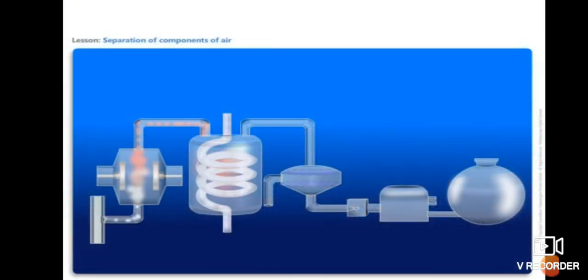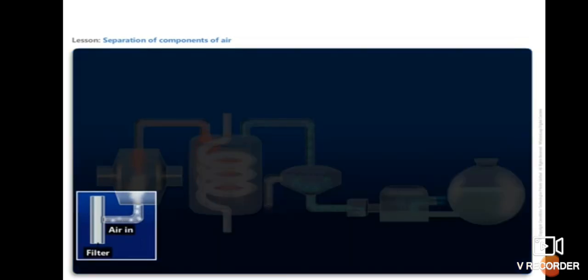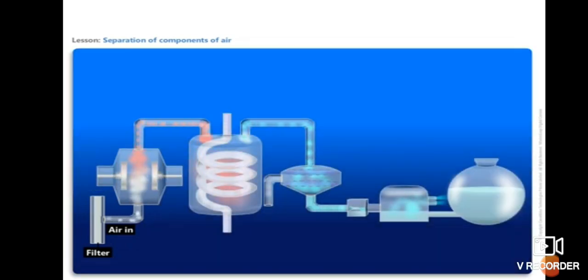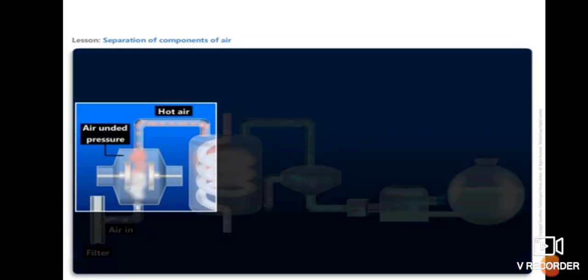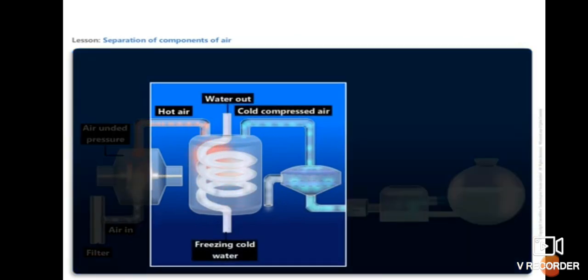Components in air. Air is a mixture of several gases, and these can be separated by fractional distillation. This is brought about by compressing and cooling of air and allowing it to slowly warm up in a fractionating column. Air is first passed through a filter to remove impurities like dust particles. Filtered air is passed through compressors and it is compressed to very high pressures, around 200 atmospheres.